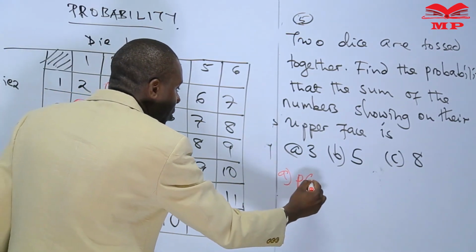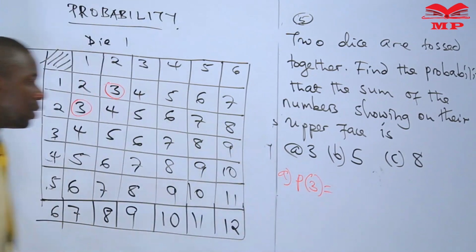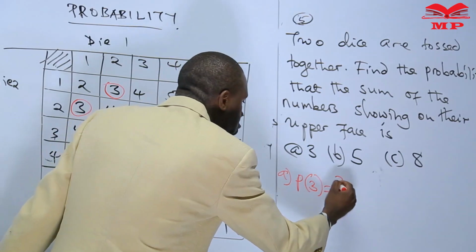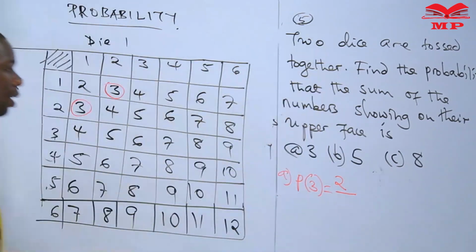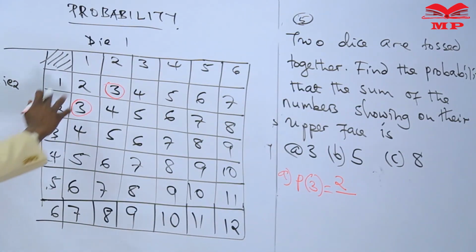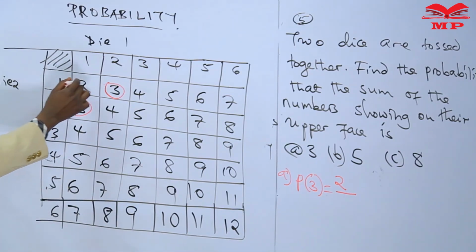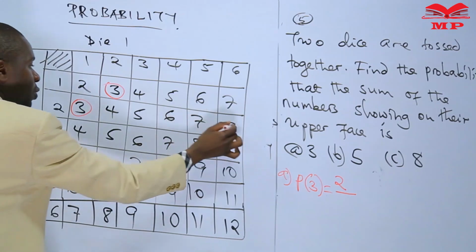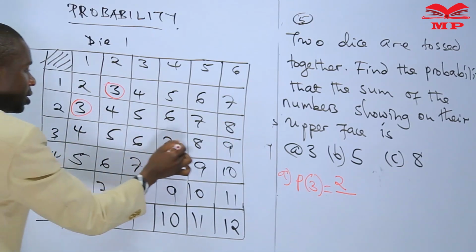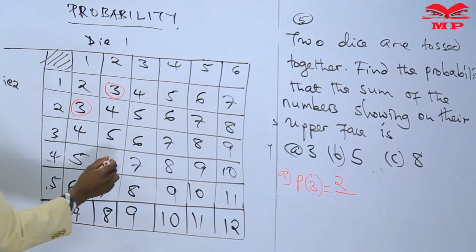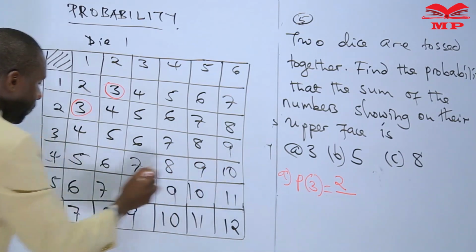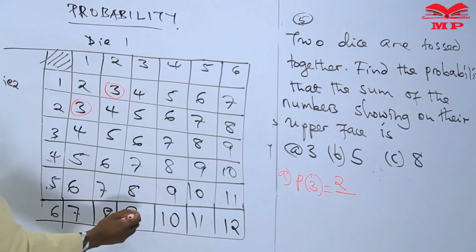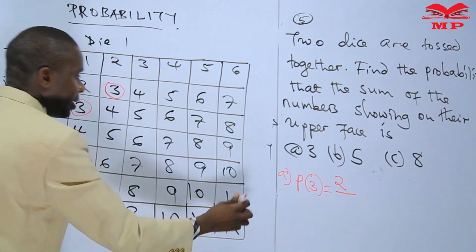So in answering part A, we are looking at the probability where the sum is 3. How many do we have? 1, 2. So we have 2 over. What is the total outcome? Everything here. So that would be 1, 2, 3, up to 36.